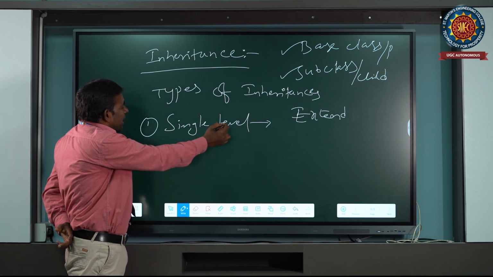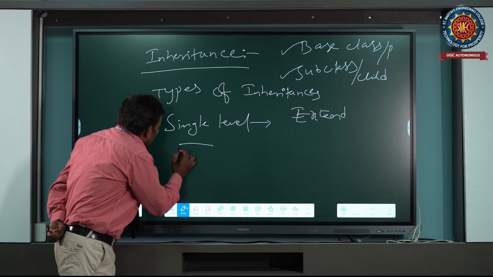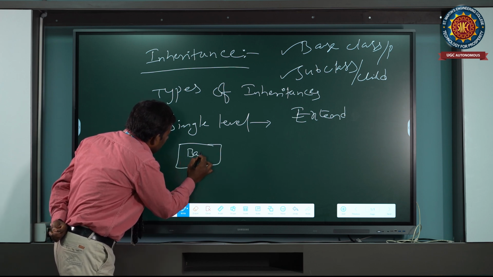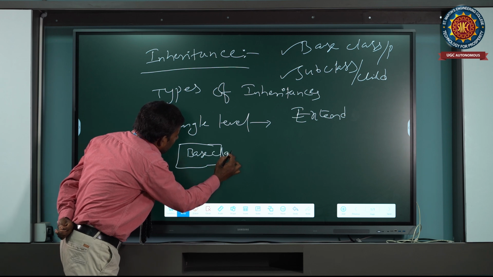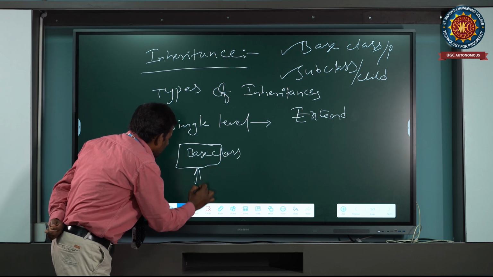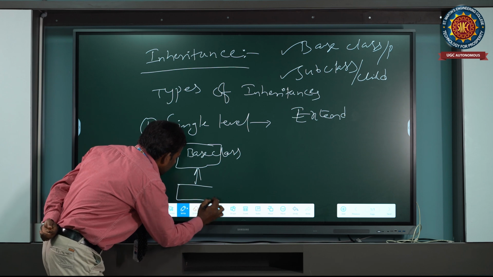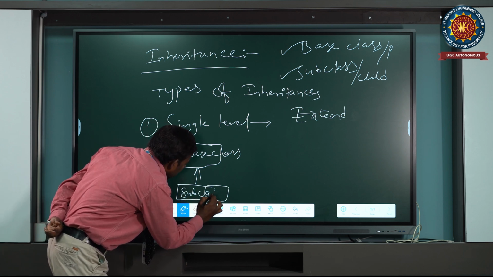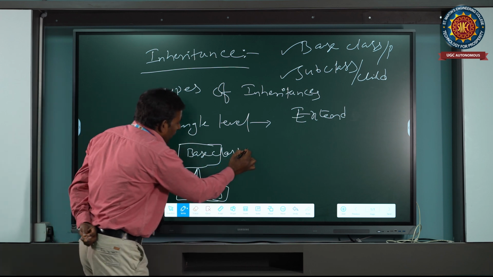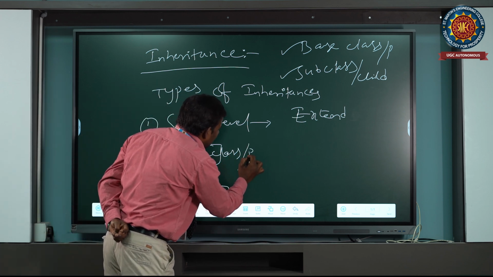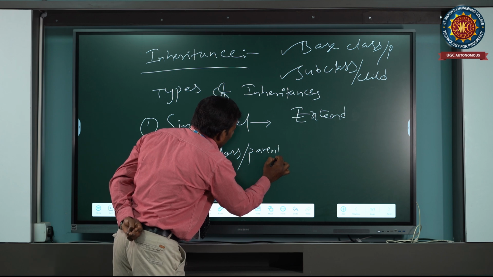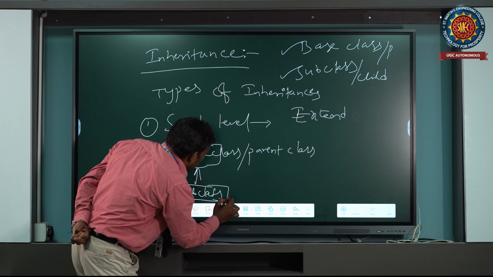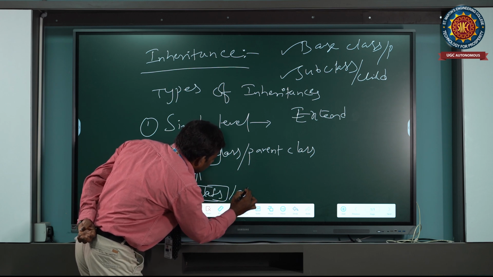Now, what is single level? Simple. We write one base class, and we write one subclass. Base class we call the parent class, and subclass we call the child class.